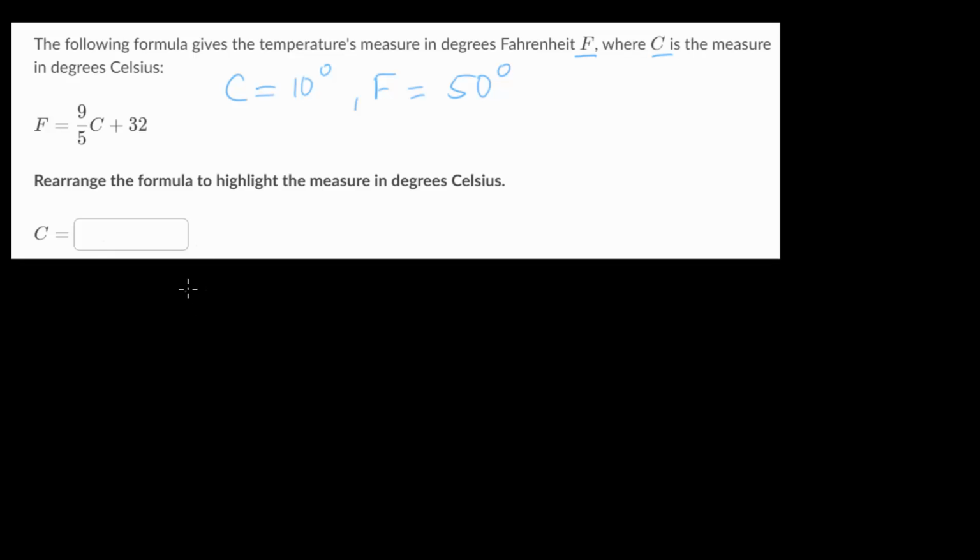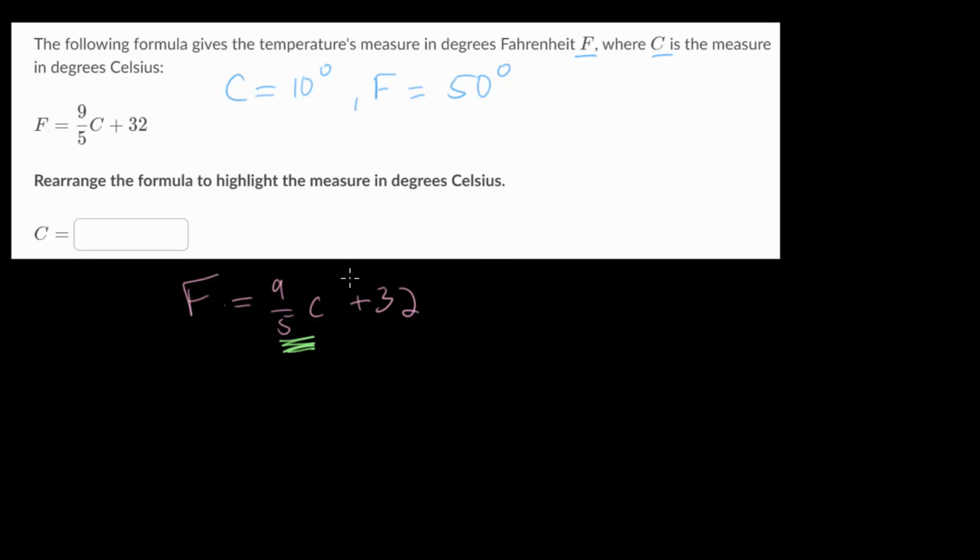And let's start by just rewriting it. F is 9/5 of c plus 32. There are two main approaches that we can take. We could first get rid of this fraction by multiplying both sides of the equation by 5, or we can save that to the end and start by getting rid of the simpler operations first, namely this plus 32, since we want to isolate this term here with c in it.